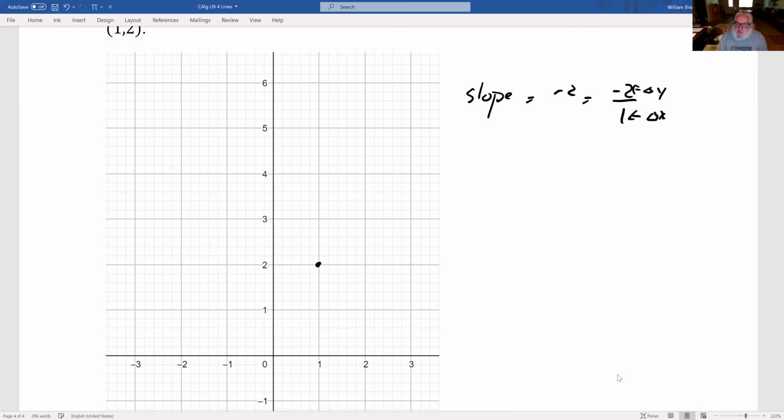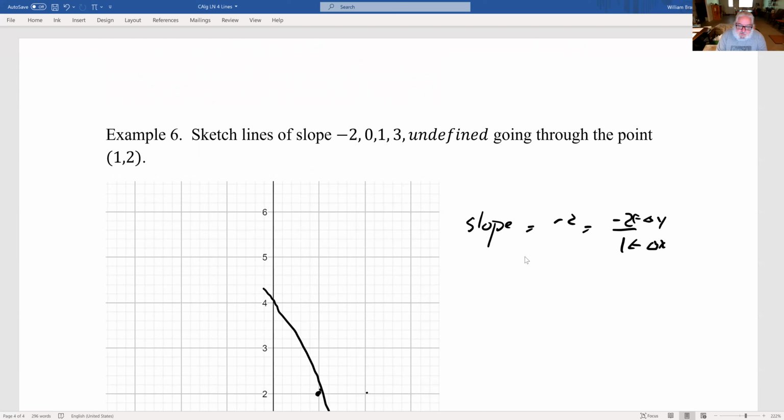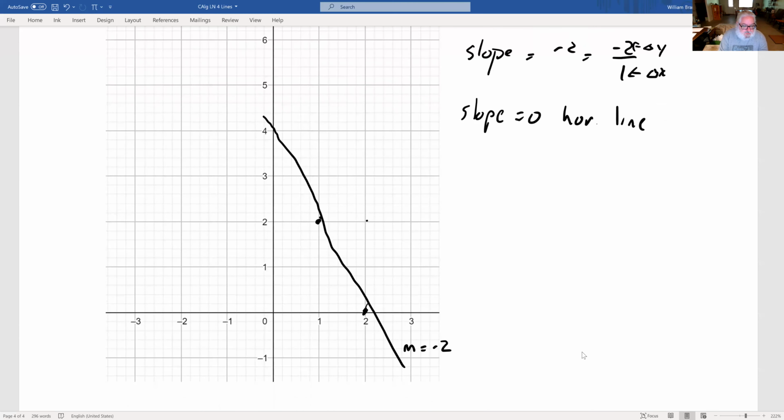So we're going 1 unit to the right and down 2 units. And so there's slope is -2. Slope of 0, that's a horizontal line. So a line of slope 0 going through this point would be like that.